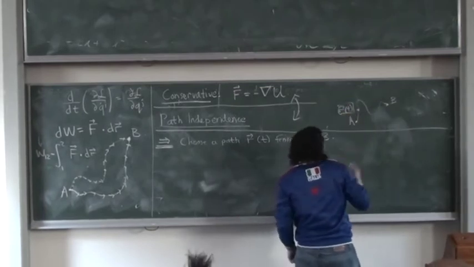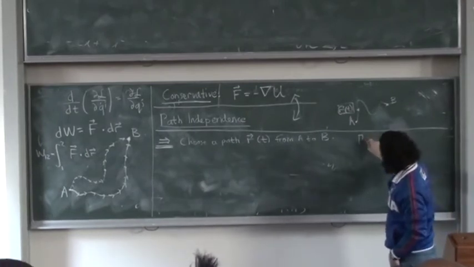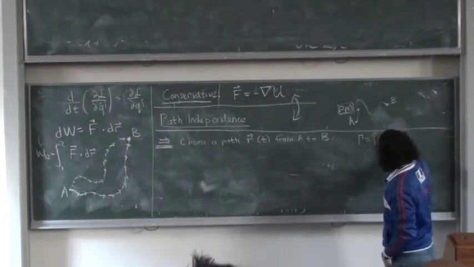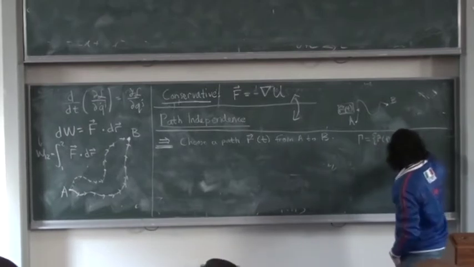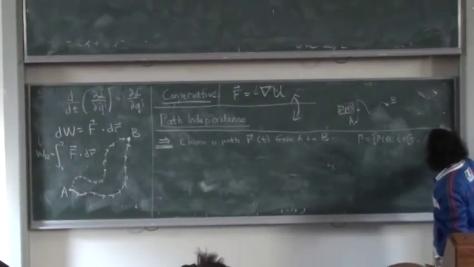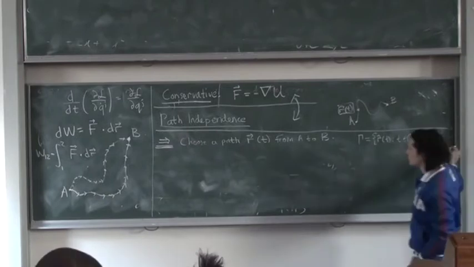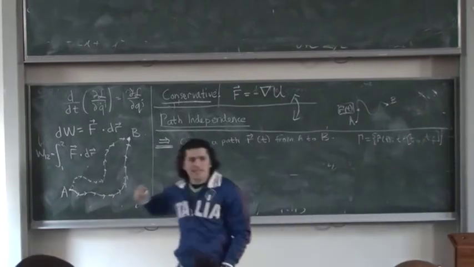So I don't know how you'd write it in pure maths, but I think you'd probably write something like the path is r(t), where t is an element of [t0, tf]. Something like that, right? This is unimportant. We've got a path r(t) from A to B.